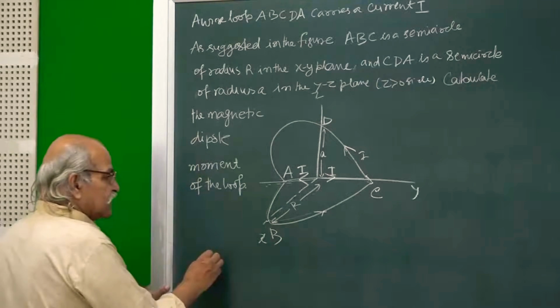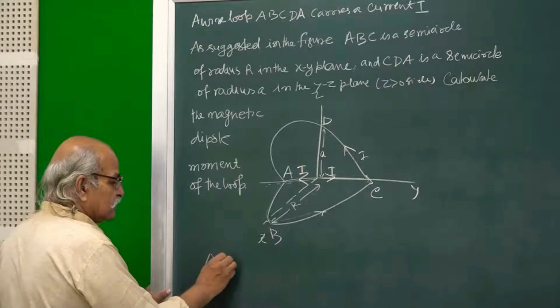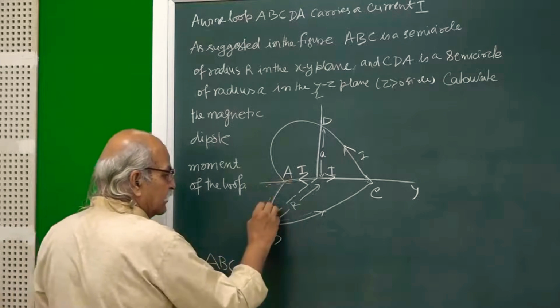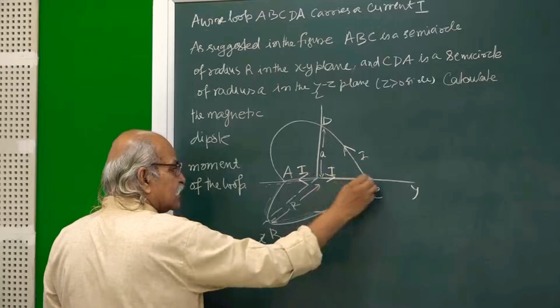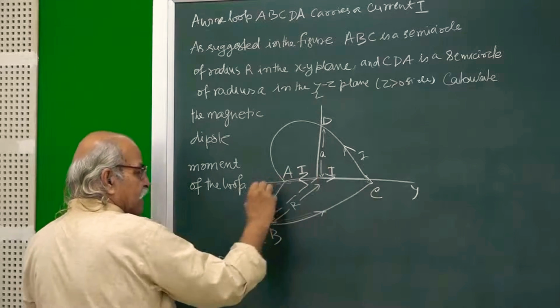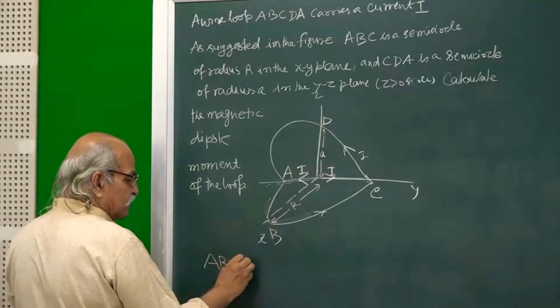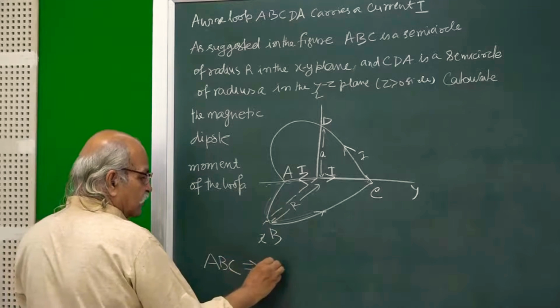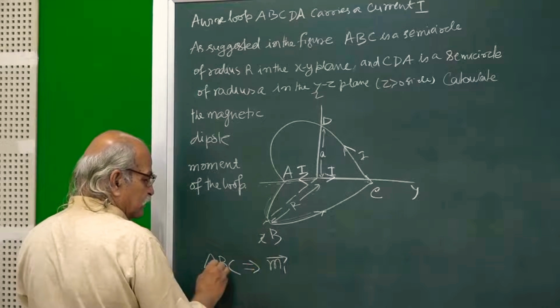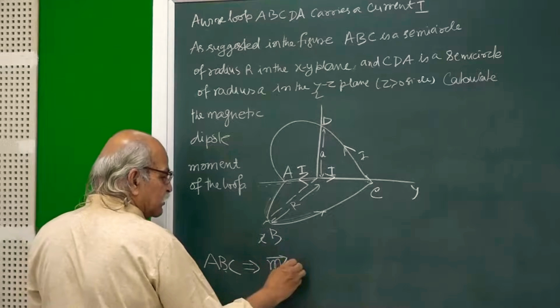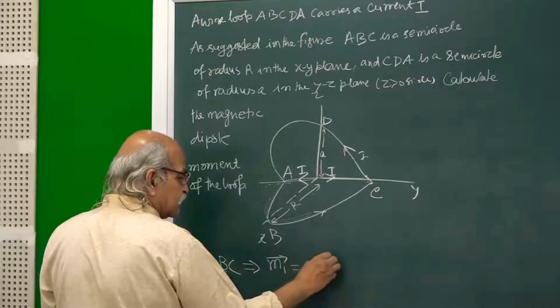For the ABC part, this is a loop, and the magnetic moment M1 will be I times the area vector.